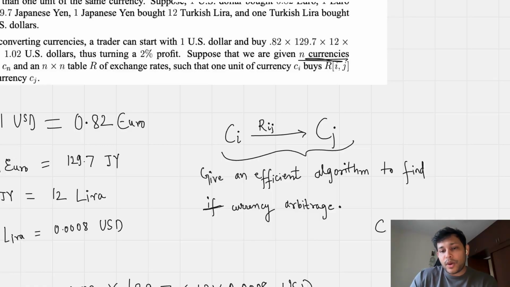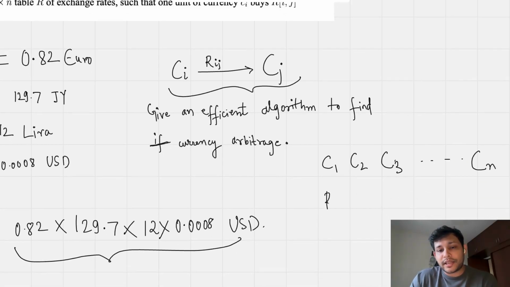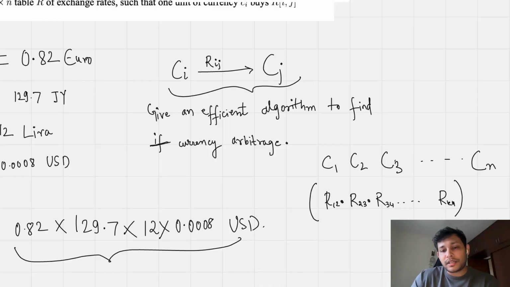Mathematically speaking, if you have C1, C2, C3 till Cn currencies, and their exchange rates are, let's say, R1,2, R2,3, R3,4, dot, dot, dot, Rk,1. If we are able to find a cycle or a combination of currencies such that their product is greater than 1, just like in this case, when I multiply all these exchange rates, I'm able to get a product total as 1.02, which is greater than 1.